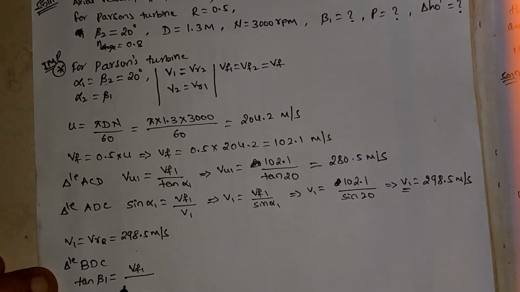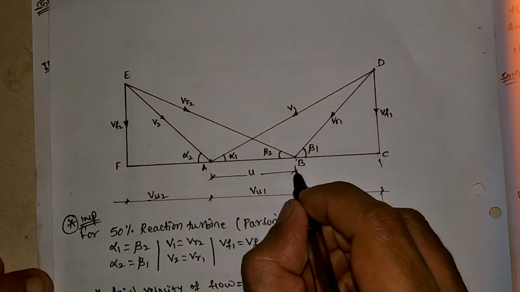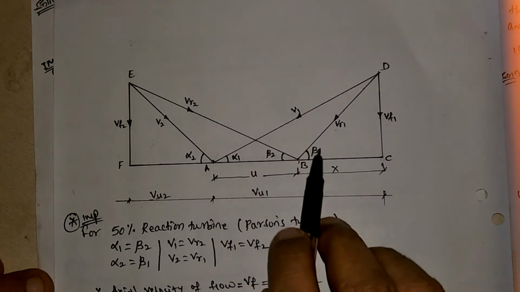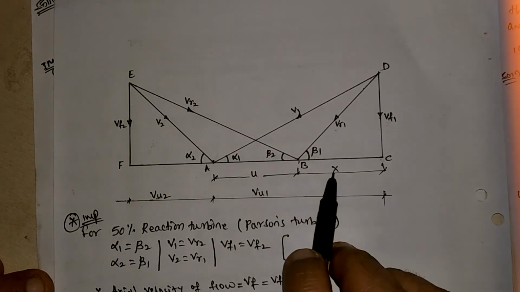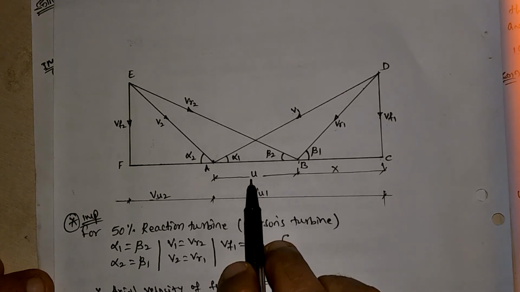How are you going to calculate x here? Vu1 minus u is nothing but x. So tan of beta 1 is opposite, that is Vf1, divided by x. So how do you calculate x? Vu1 minus u.